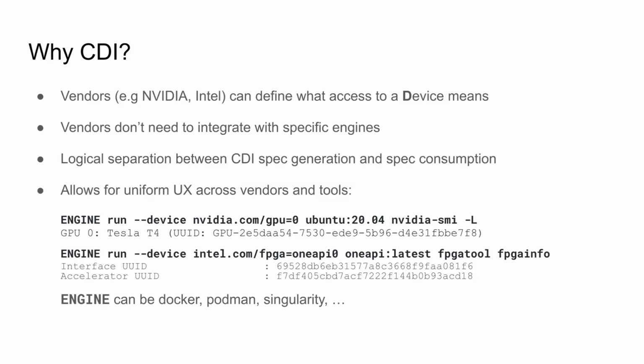So we can, using the spec, write that down, and we don't need to integrate with specific engines, right? The CRI-O support and the containerd support were contributed by members from Intel, but working with the containerd and CRI-O communities. The Singularity support that David will be demoing later was implemented by the Singularity community. That means that we as a vendor, NVIDIA, did not need to go and build support into each of those different container engines.